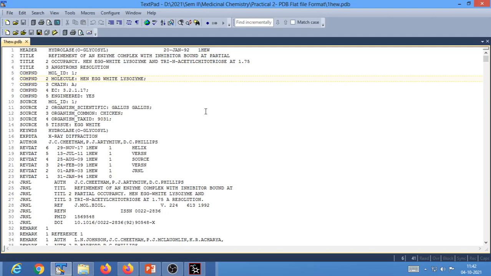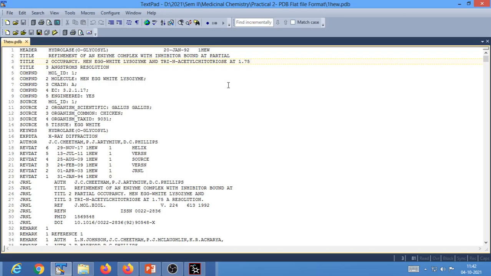This is the enzyme that is crystallized in combination with its inhibitor called triNAG, that corresponds to tri N-acetyl chitose, at 1.75 angstrom resolution. So this is the model that we are going to use for our subsequent practicals.